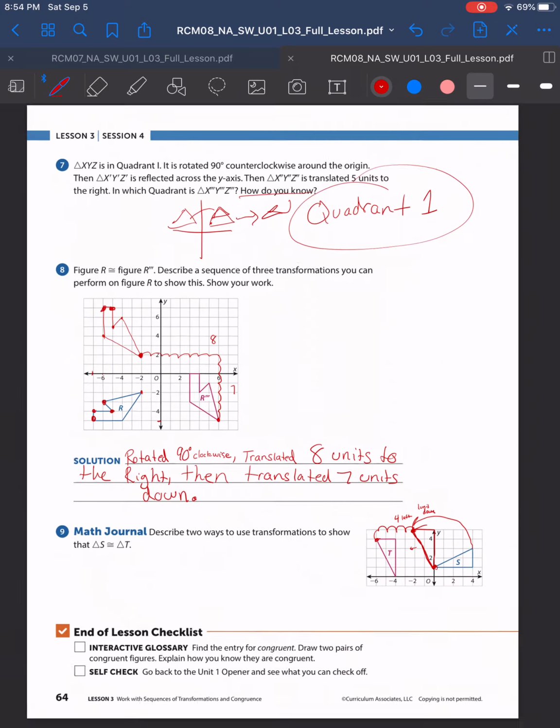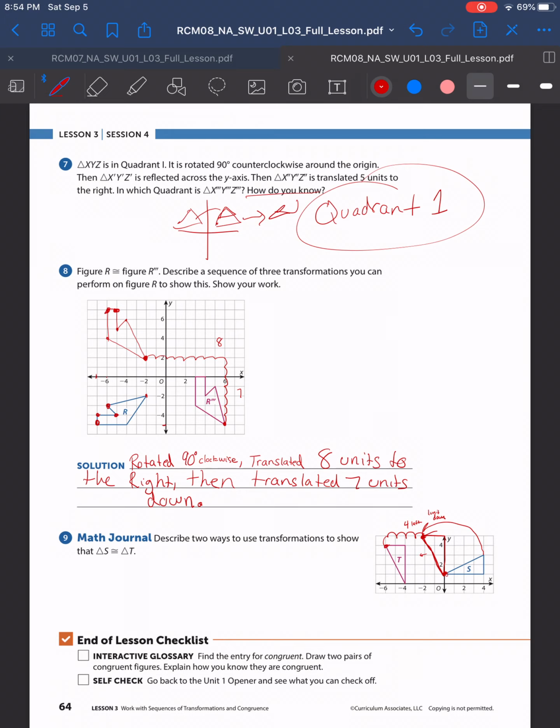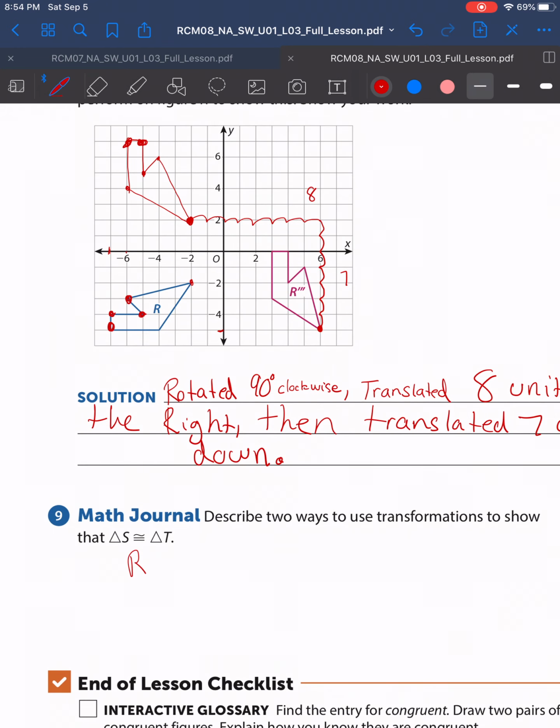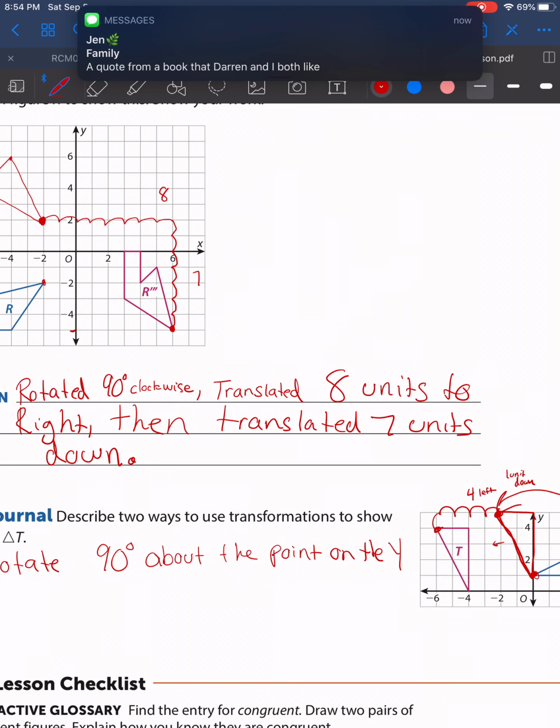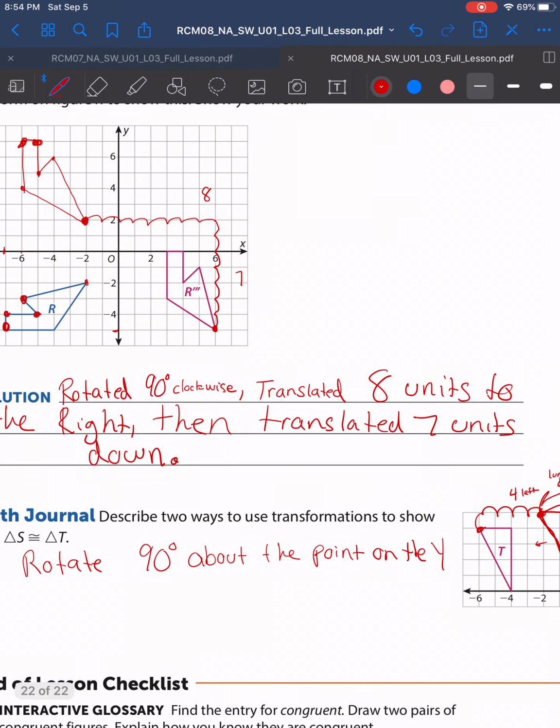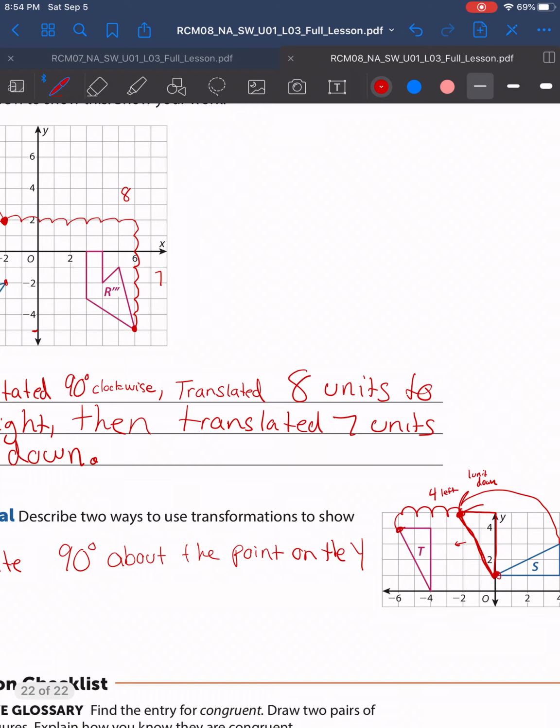I mean, that's kind of like a gross way of doing it. We could have done it a few other ways, I'm sure. But hey, it works. So we'll say, first thing we did was rotate 90 degrees about the point on the y-axis.